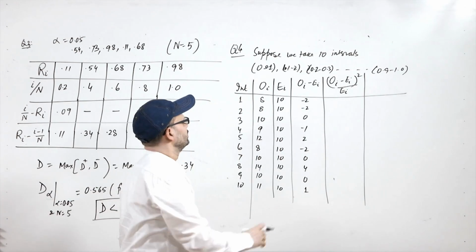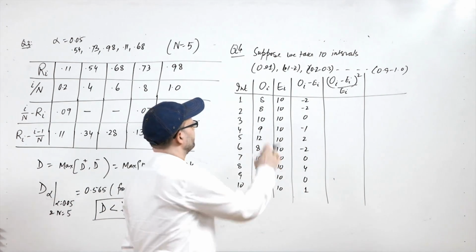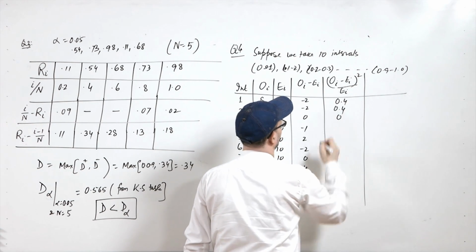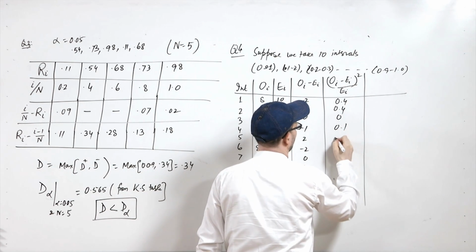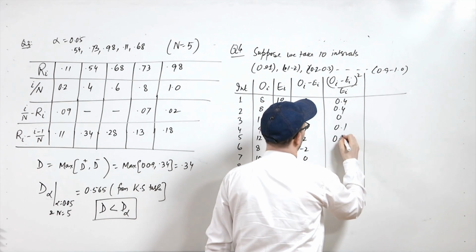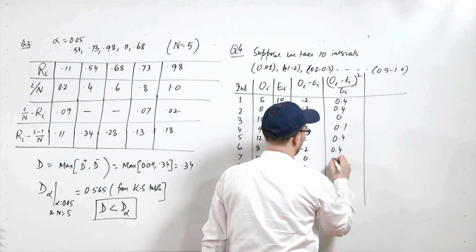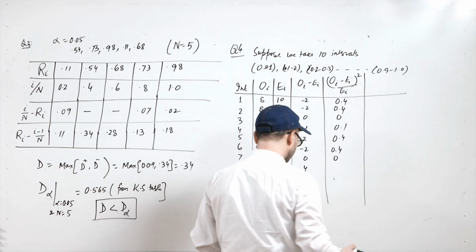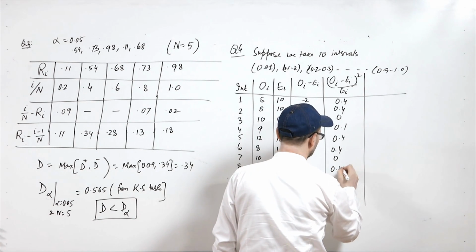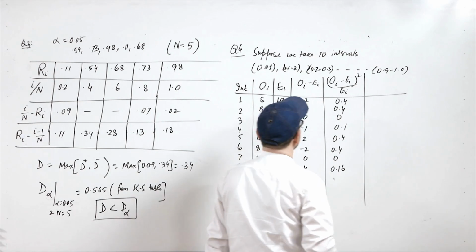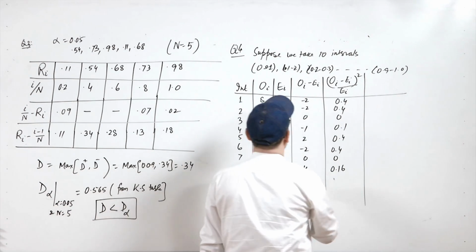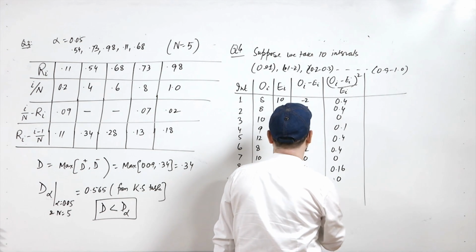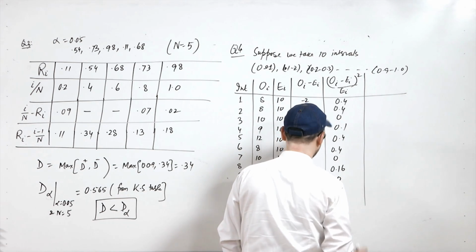So this will be 4 upon 10, which is 0.4, 0.4, 0, then 1 upon 10, which is 0.1, then 0.4, 0.4, 0.